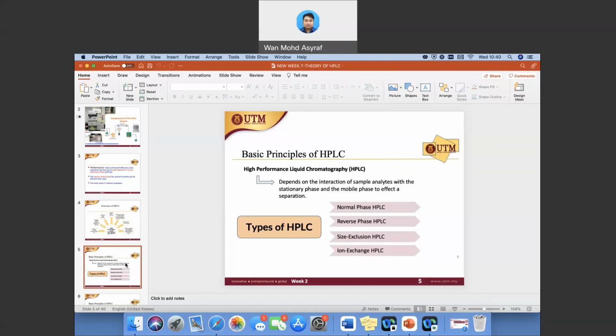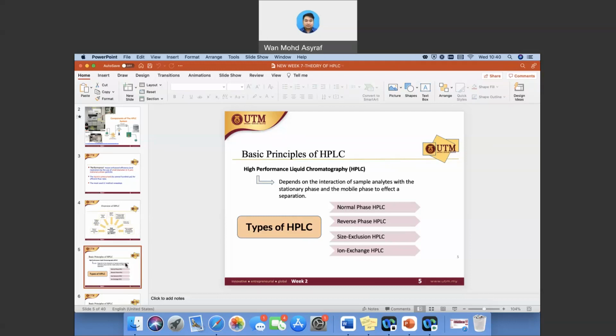So what does this decision of interaction mean? The decision of interaction would depend on your properties, whether your polarity, your ion size, or your solubility, the ones that we have looked at before. There are four parameters, characteristics that will affect your separation.